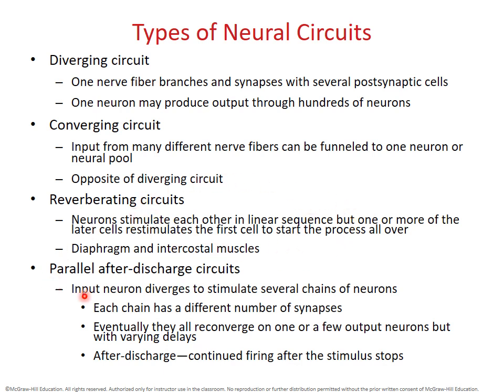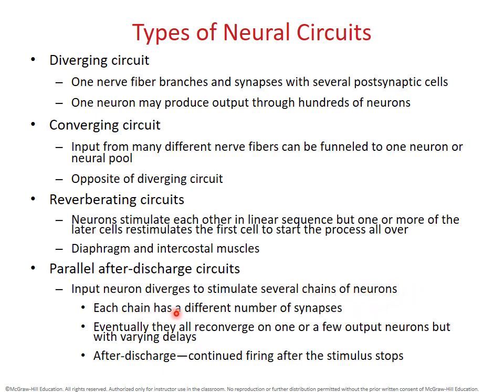And then finally, our fourth kind is a parallel after discharge circuit, a big name. Basically what happens is a single input neuron diverges, like in a diverging circuit, to stimulate several postsynaptic cells. So very much like a diverging circuit to begin with, but instead of just stimulating a single postsynaptic cell, it stimulates a postsynaptic cell that leads to a chain of stimulation.